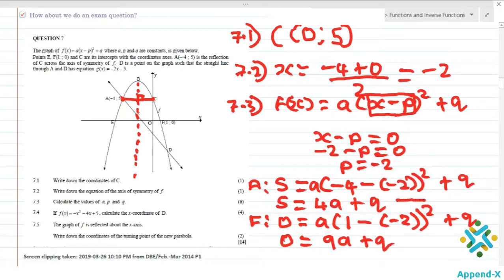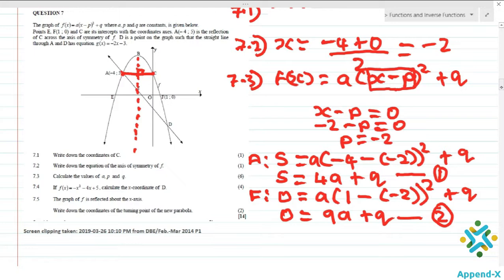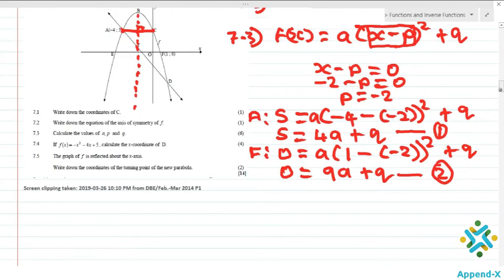We are going to call this equation 1, and this equation 2, so that we can solve simultaneously. Now to eliminate q, we are going to subtract equation 2 from equation 1. That is 5 = 4a + q, and 0 = 9a + q.